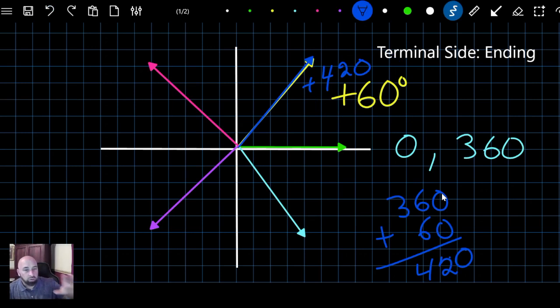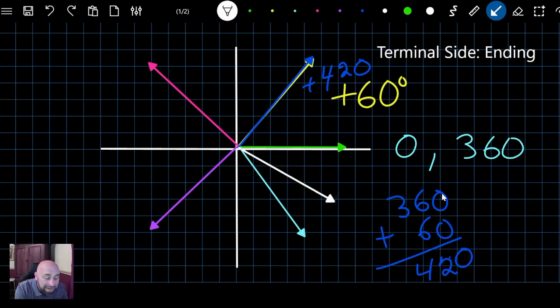Now, really about to get your mind blown now. First of all, because I'm running out of colors to use, but I'll just go to this white color. You'll be able to see it. So now I'm going negative. Okay. Negative 90, negative 180, negative 270, negative 300.